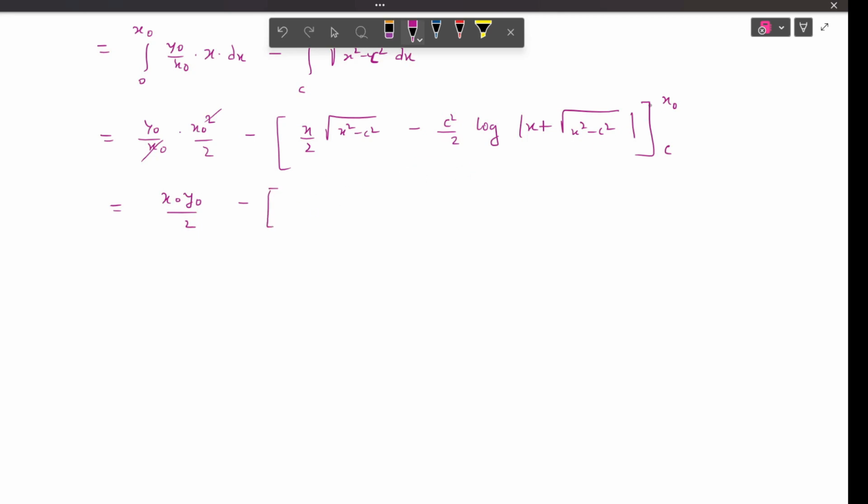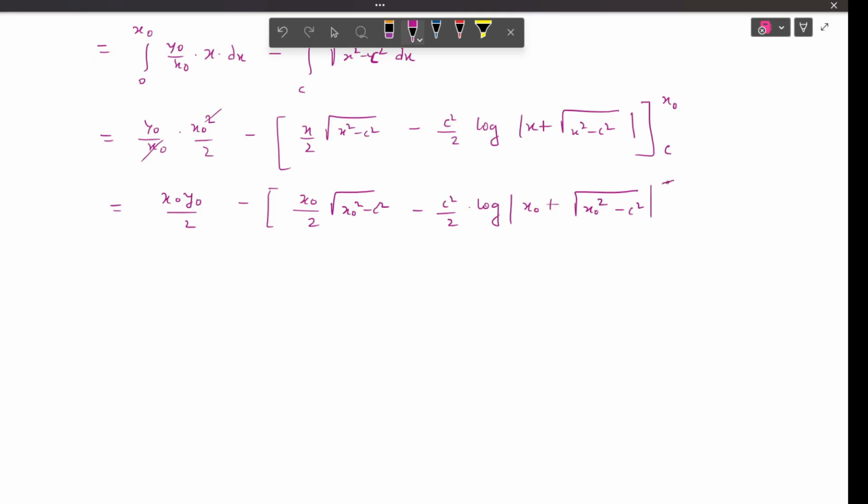Now we have to put the values. The upper limit is x naught by 2 square root of x naught square minus c square, minus c square by 2 into log of mod of x naught plus square root of x naught square minus c square.